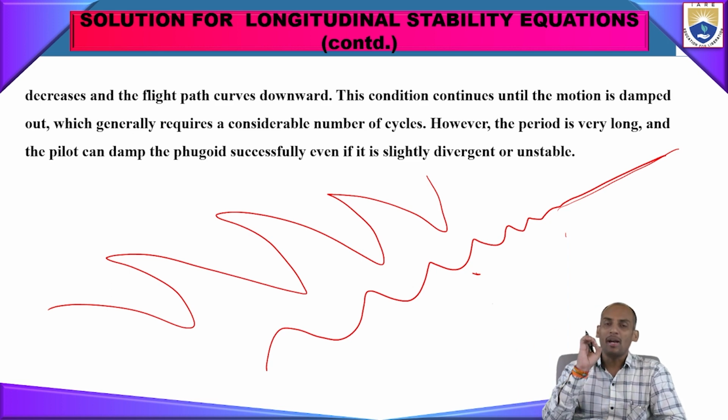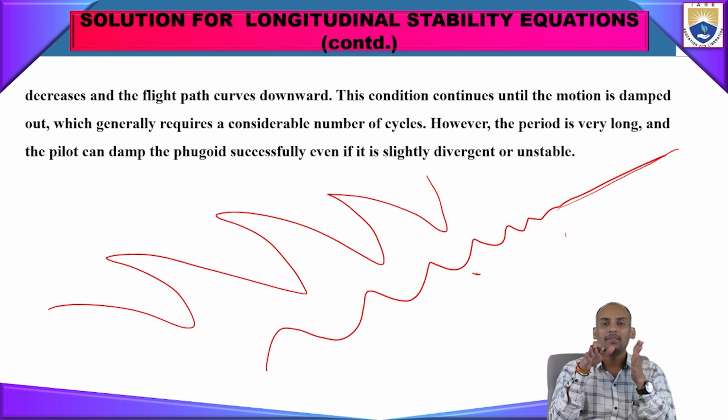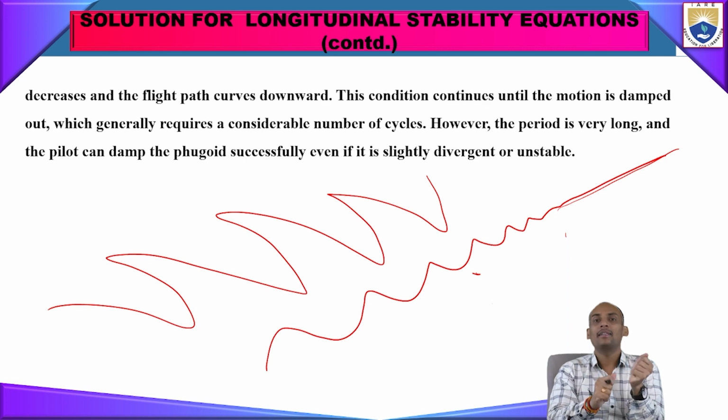To avoid this, the control surfaces will be designed in such a way that proper feel is given to the pilot. Even if you are suddenly giving input, sudden changes in control surface operation won't happen. It will be a gradual variation only.